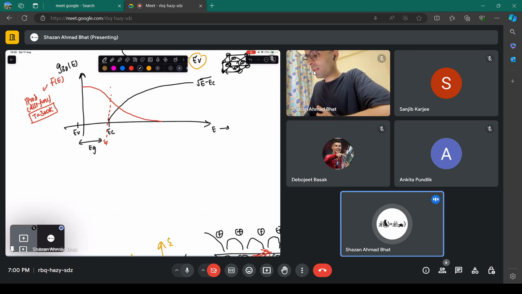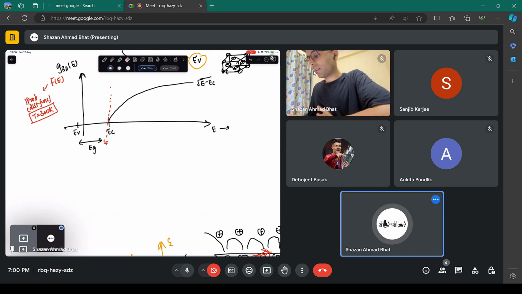You don't only consider the Fermi distribution function to check how many electrons are present; that is partial information that just tells you the probability. And only considering the density of states does not give complete information either, because if you remove this, the density of states just tells you how many states are available. That means how many seats are available.